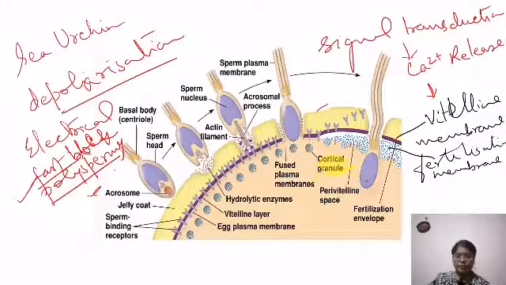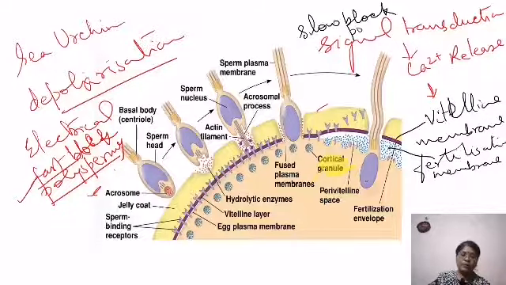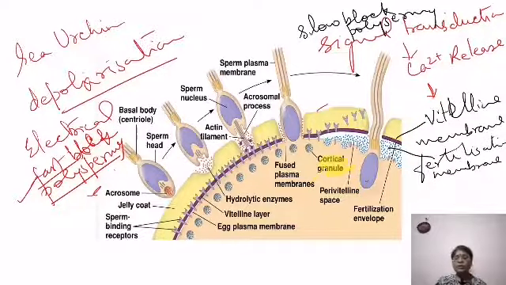So this is how the blockage happens, this blockage by calcium, this release of cortical granules, is called slow block polyspermy.